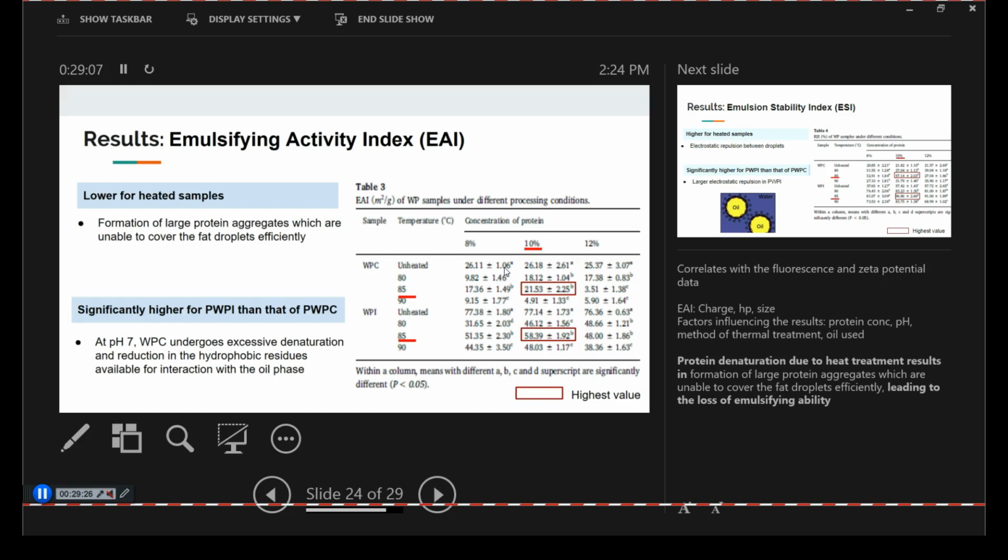So it's 17, 21 and then down to 3. But we don't see that for 80 degrees, or for 90 degrees as well. That one didn't follow the trend, if you can call it a trend at all. That's when you question the data and see how much of it is true.